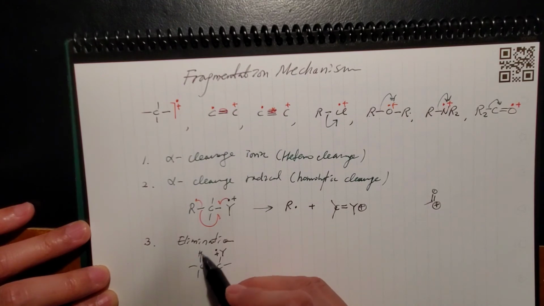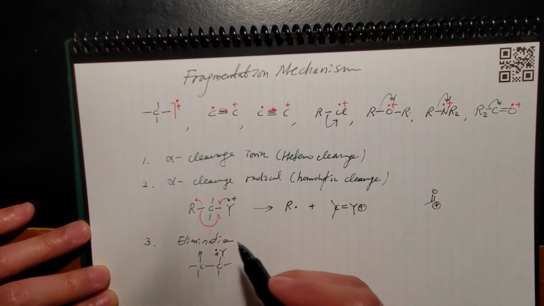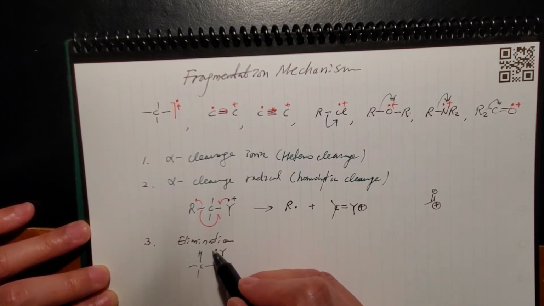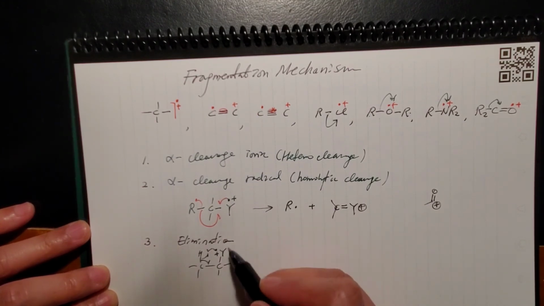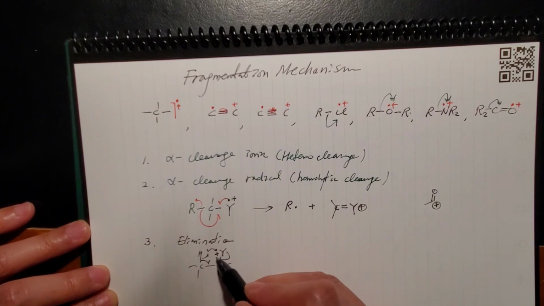This hydrogen is somehow reacting with this heteroatom. Radical goes here, and then because of the plus charge, both electrons go.